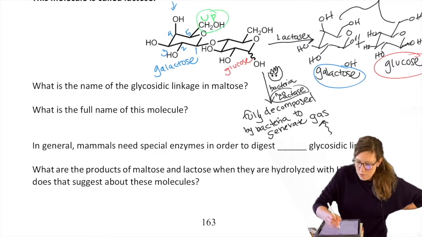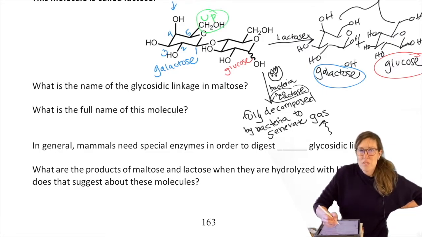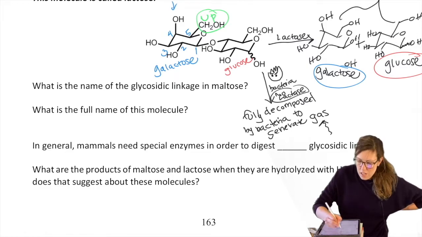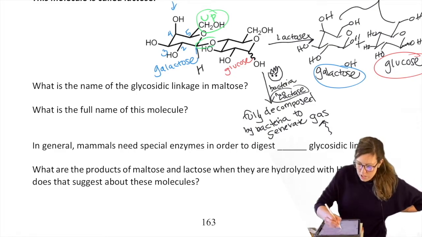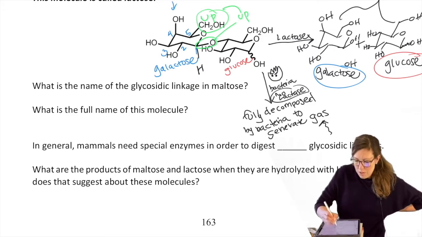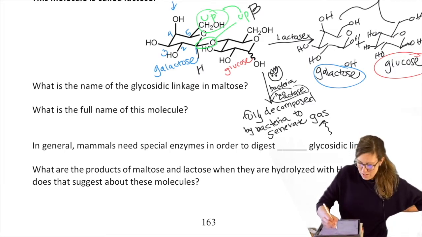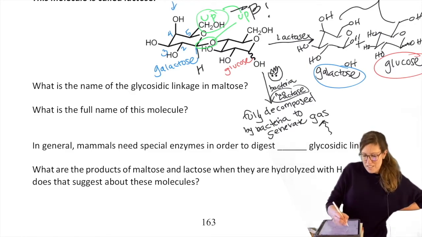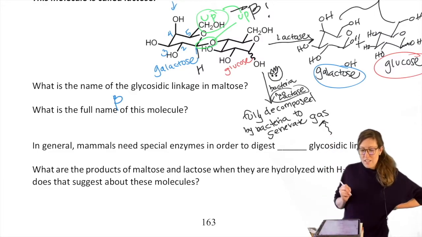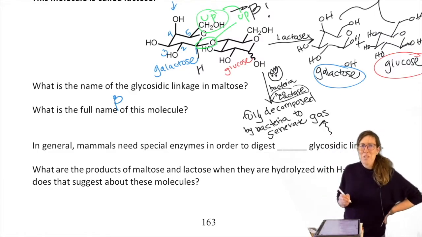It has its up group here. Its CH2OH is up because it's a D sugar. Go look at its anomeric carbon, which is making the glycosidic linkage, and draw on the H if you need to, whatever you need to do to see the orientation of that group. It's above the H, so it's also up. Up and up, those are beta to each other. Not alpha. That's why it is not so easy to digest. That's why you need a special enzyme.